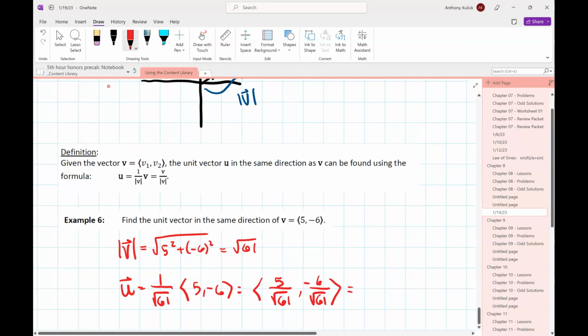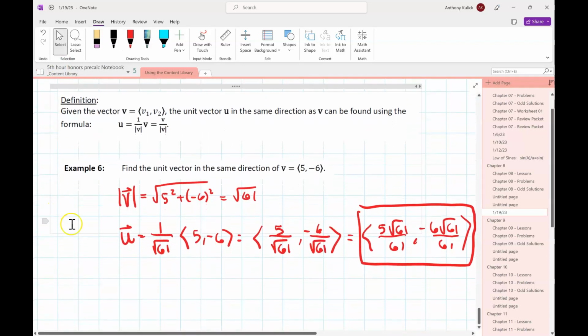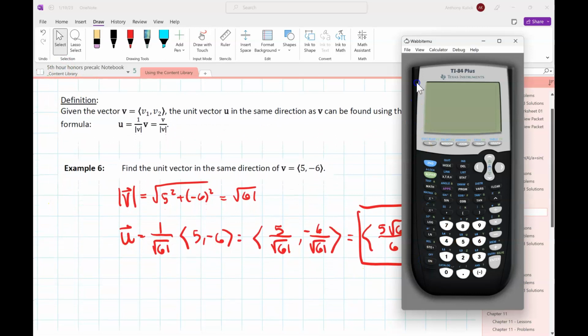And then we'll rationalize our denominators, because typically we don't like to leave the square root in the denominator. And there's my unit vector. What's my check that I should do to make sure I did that right?